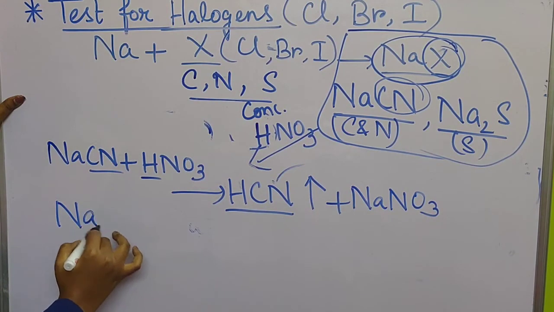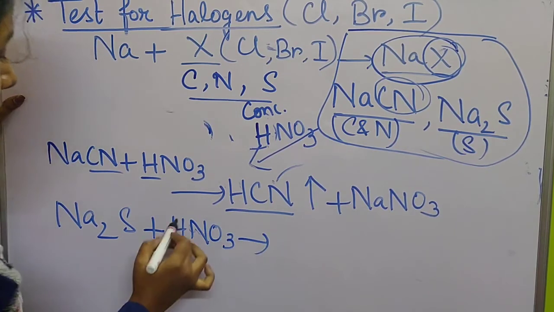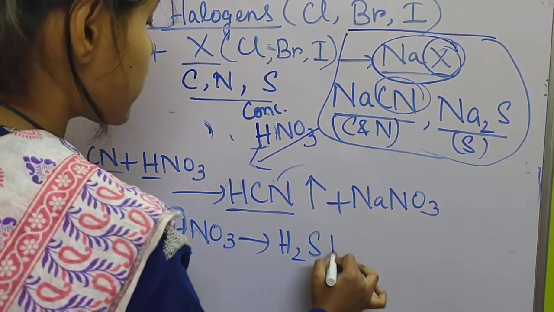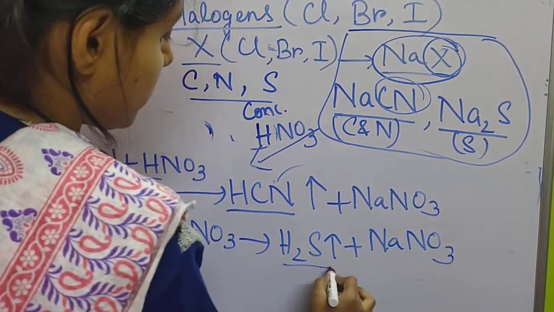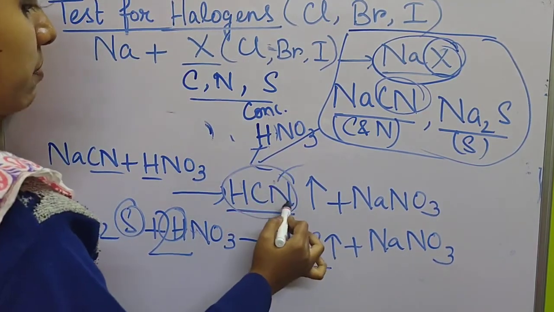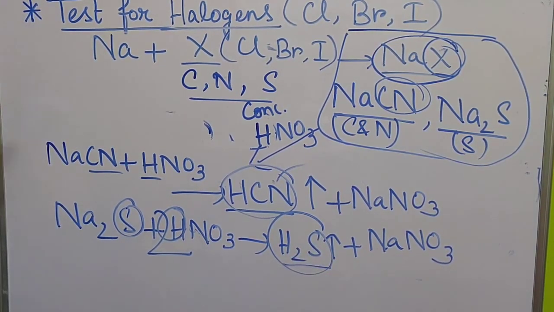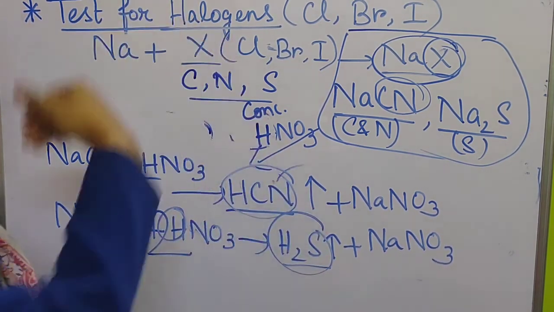Now if it contains sulfur as Na2S, then by heating it with nitric acid, hydrogen will react with the sulfur forming hydrogen sulfide gas, which is again eliminated. So this cyanide, that means nitrogen, and this hydrogen sulfide containing sulfur, will be eliminated in the first step when we are heating it in the presence of concentrated nitric acid. Now nitrogen is eliminated, sulfur is also eliminated.